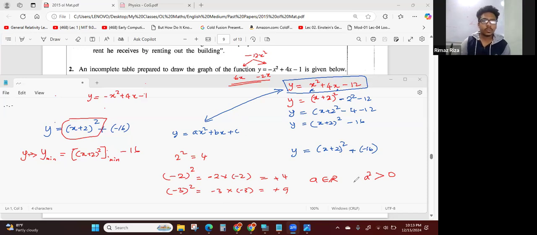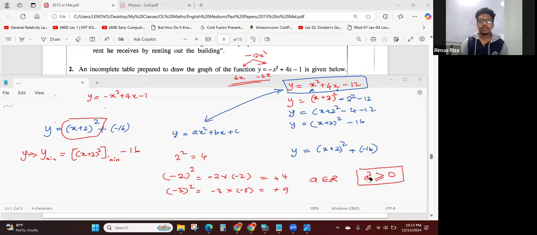So the square of any number is always positive, and the square of a number is equal to 0 if and only if a equals 0, because 0 squared is 0. Therefore, in general, we can write a squared is always greater than or equal to 0. Okay.